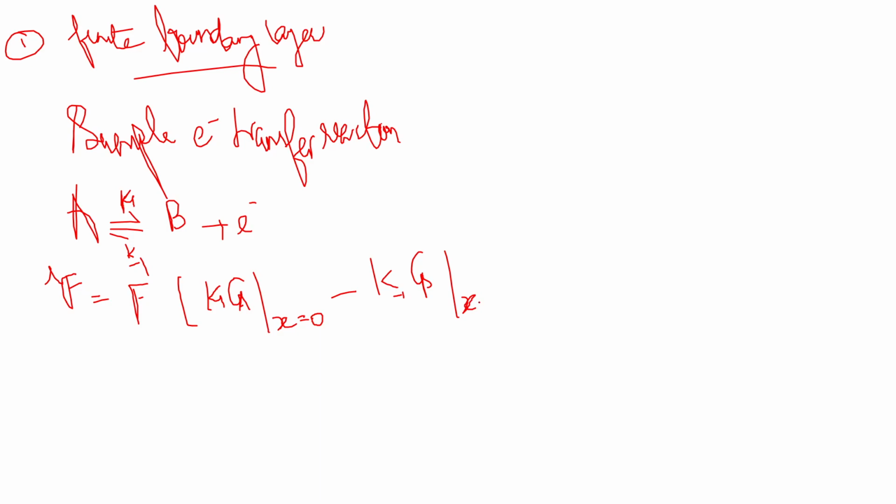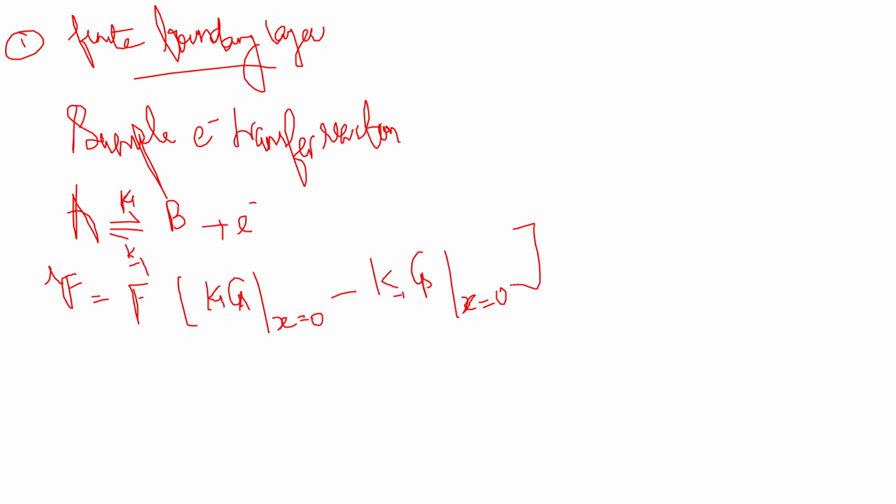Till now we never mentioned whether it is x equal to 0 or some other value. Why do we mention it over here? Usually we write n into F into rate. So why am I specifically saying CA at x equal to 0, CB at x equal to 0? When we were dealing with kinetics, we said the concentration remains the same everywhere, that there is no change.